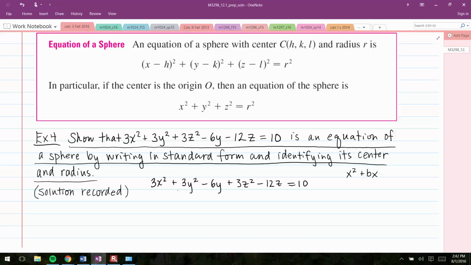When you have something like that, you can complete the square. You're trying to get something in parentheses of the form x plus c, I'll just use c there to be a generic constant, squared. And that's what we're trying to do.